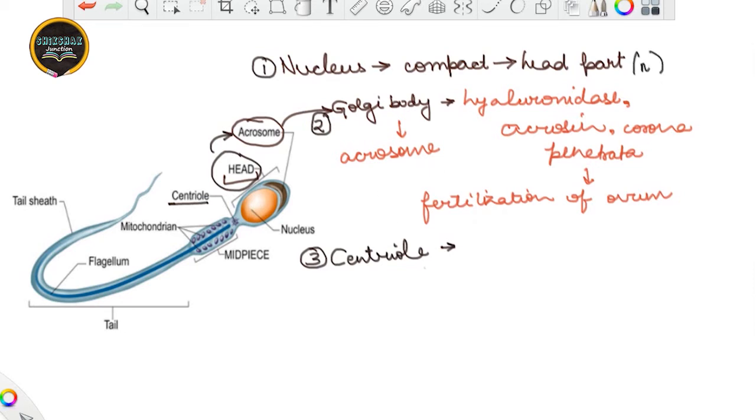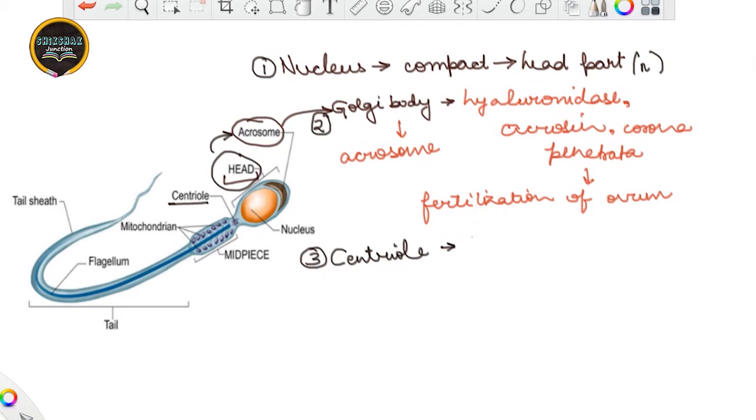Okay, now coming on to the centriole part. The centrioles are arranged within the neck region, and this contains two centrioles. Okay, this important point is especially to consider if you are preparing for your exams, competitive exams, then it is very important.